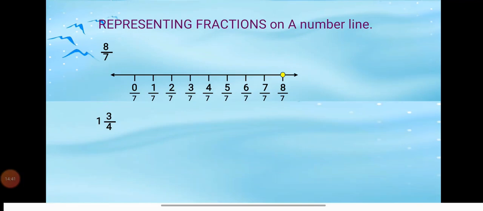Because here there is 1 as a whole number, you have 3 as a numerator and 4 as a denominator. Let us see how we will convert this mixed fraction into an improper fraction. 4 multiplied by 1 plus 3 divided by 4, which equals 4 plus 3 divided by 4, which is 7 by 4.